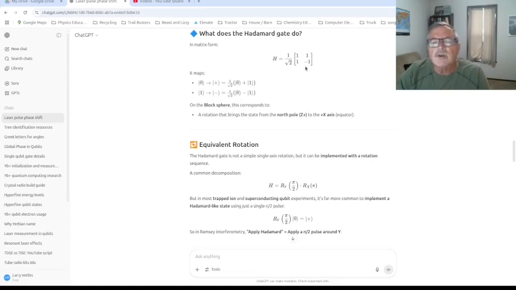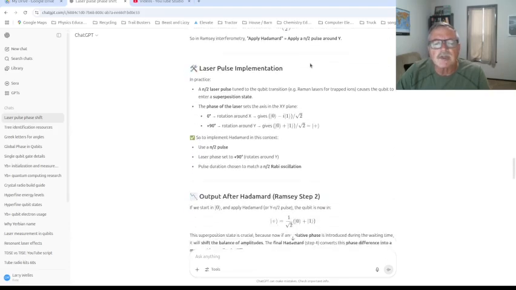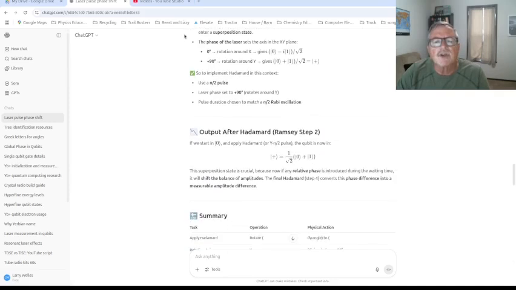Now, how do we do this with the laser? Let's cycle down through here and see if we can find something specific about the laser. What we want to do is a 90-degree pulse. Now this right here is supposed to be the pi symbol. The rendering here didn't come out right. It's supposed to be pi over 2 pulse. That'll give us a plus 90 degrees for this particular gate.